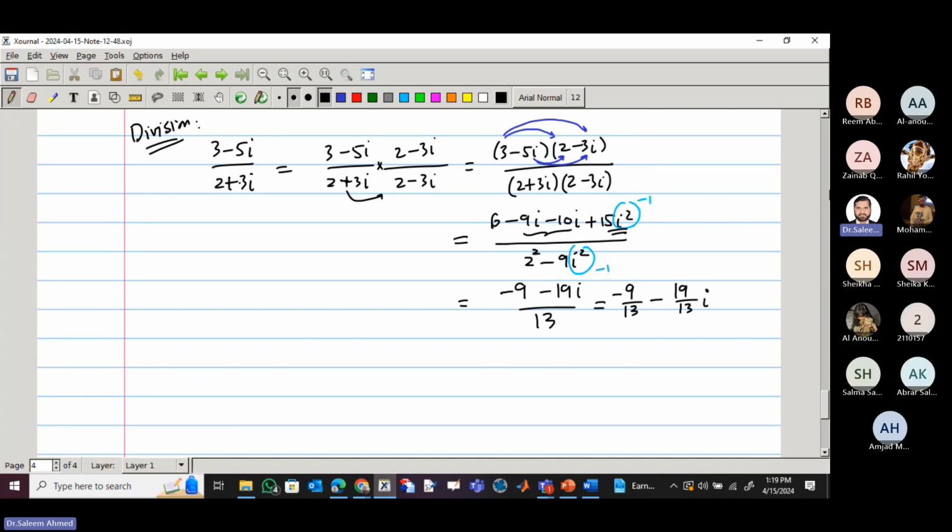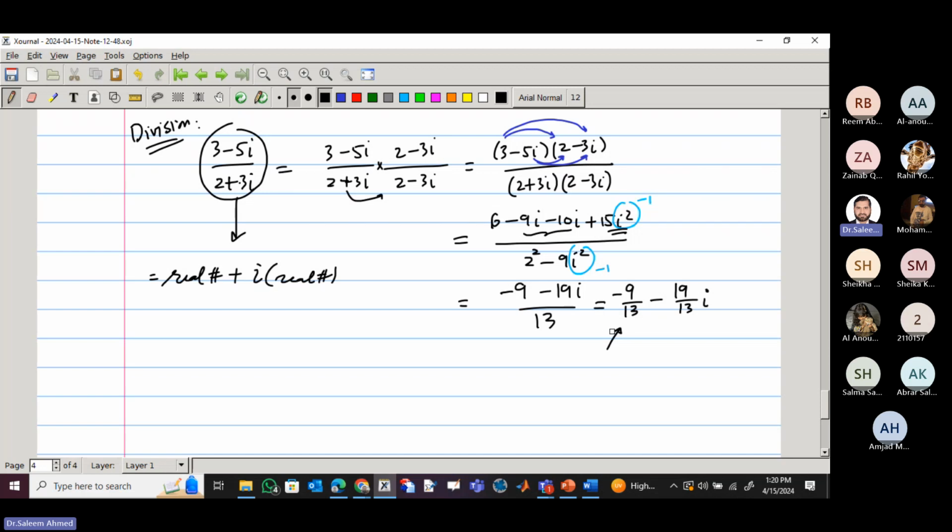So whatever you are doing, your complex number always has this form: a plus b iota, which means a real number plus iota times another real number. This should be your answer every time. So see here, we have a real number plus a real number times iota.